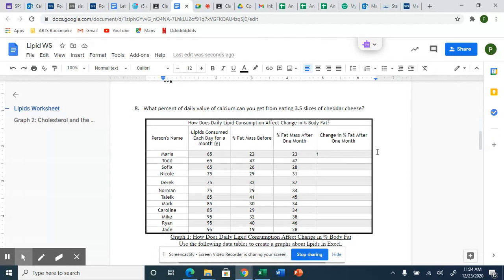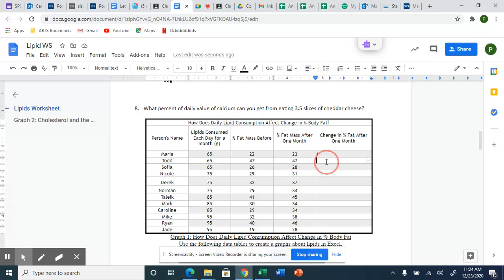All right, so in this chart, you are given information for each person. What you're going to do is take the percentage of fat before and the percentage of fat after and subtract it.